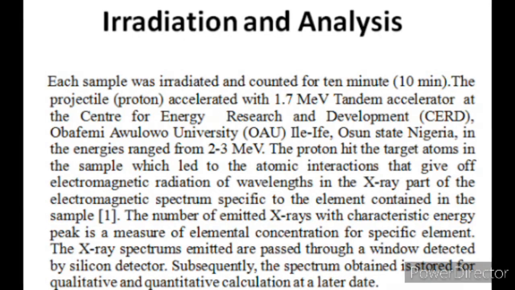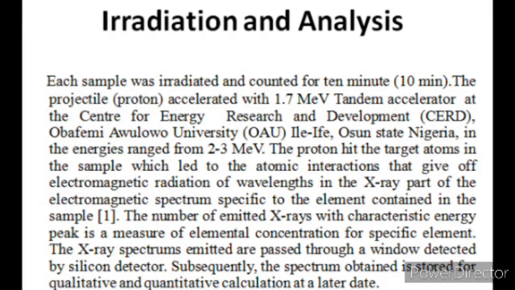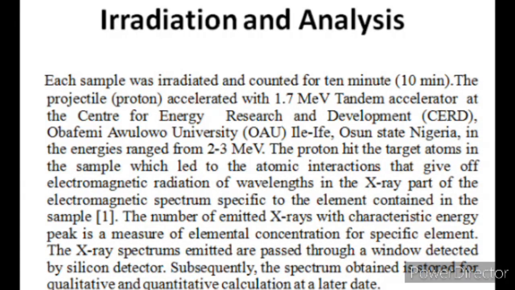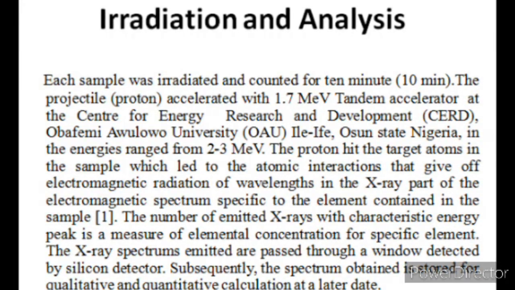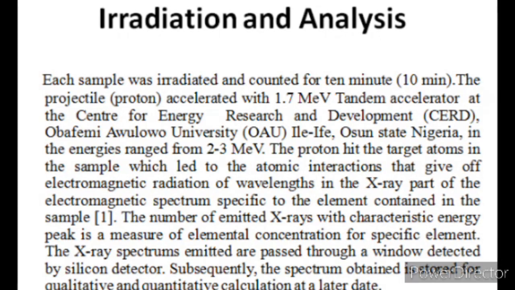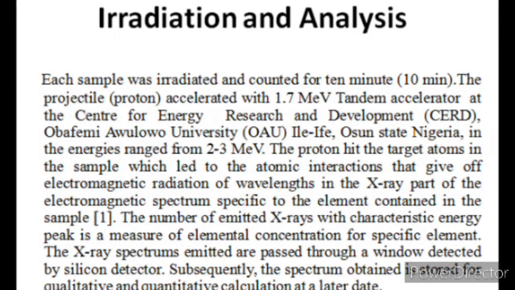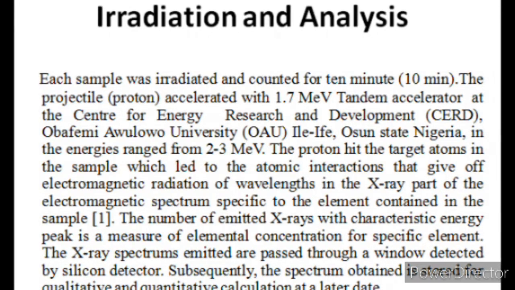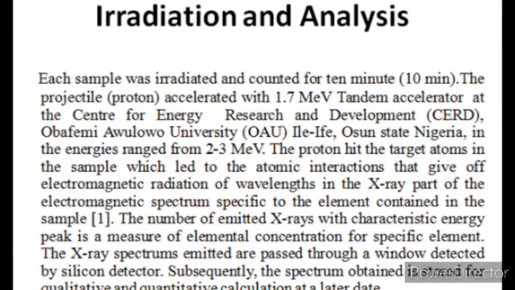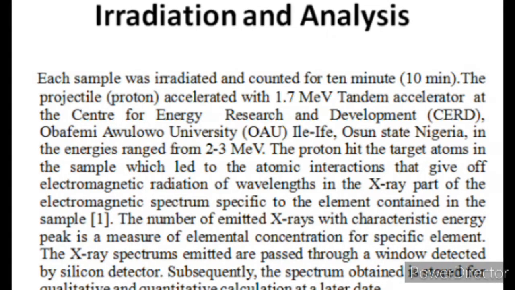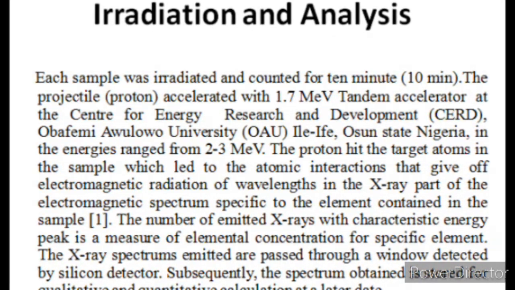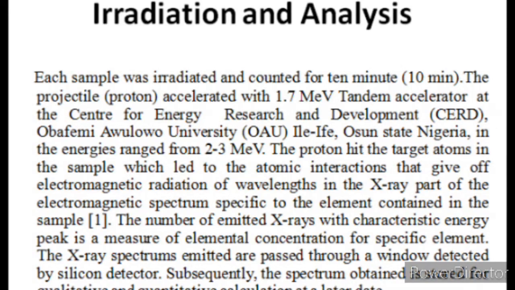The proton hits the target atoms in the sample, which leads to the atomic interactions as explained earlier. The number of emitted X-rays with the characteristic energy peak is a measure of the elemental concentration for a specific element. The X-ray spectrum emitted is passed through a window detected by a silicon detector. Subsequently, the spectrum obtained is stored for qualitative and quantitative calculation at a later date.